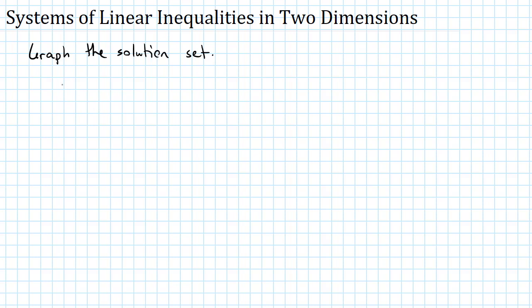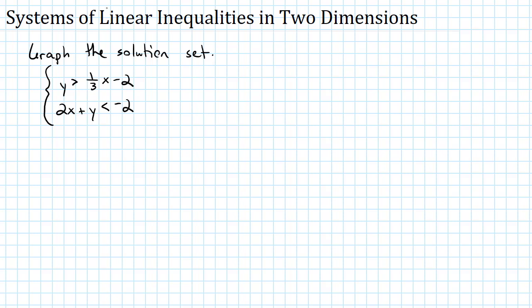So let's say the first one is y is greater than 1/3 x minus 2. And then the next one is 2x plus y is less than -2. And to indicate that this is a system, we'll typically put a left brace surrounding both inequalities.